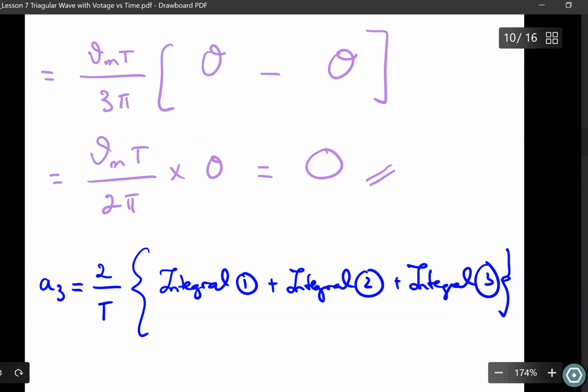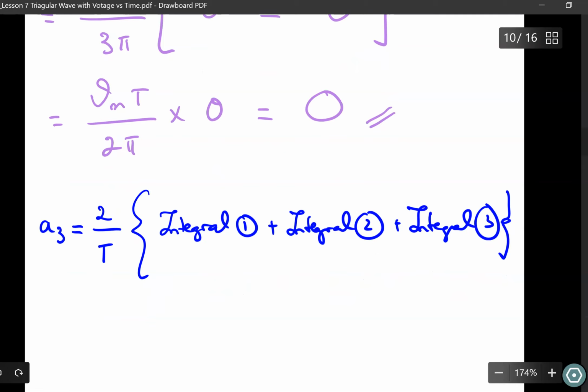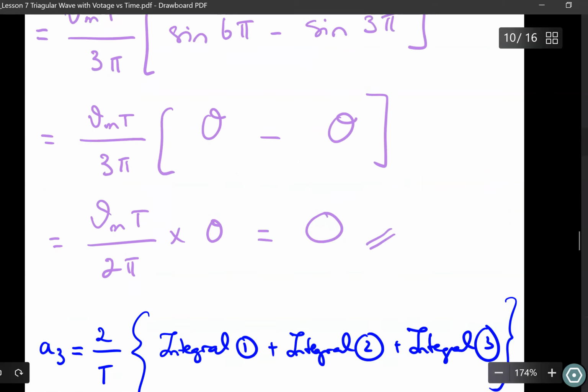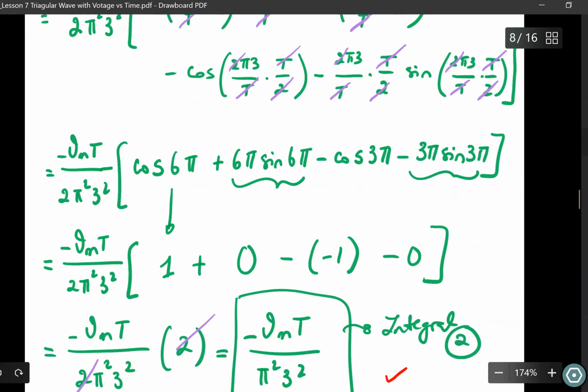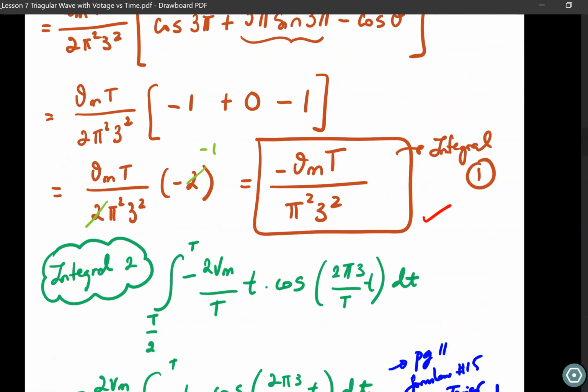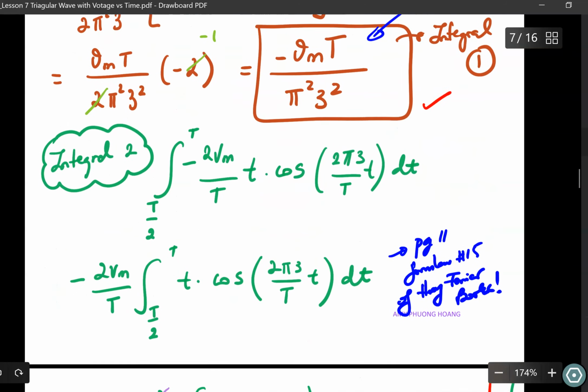Okay, so don't forget that I have to multiply this by 2 over T. So that's substituted in here, 2 over T. So my integral number 1, let's go back and find my integral number 1. I just want to indicate to everyone this is right here. Okay, so I will write it down.